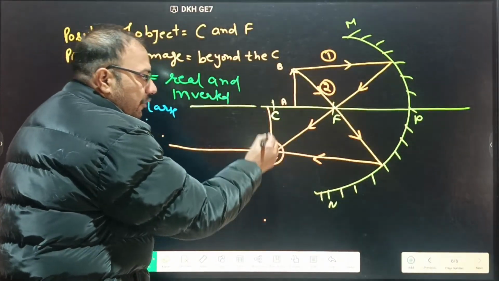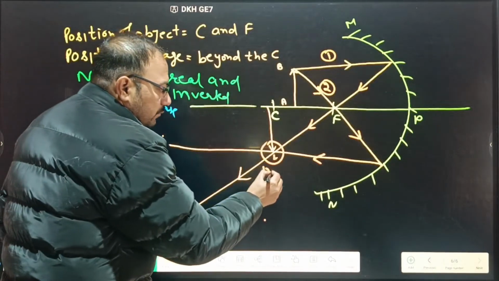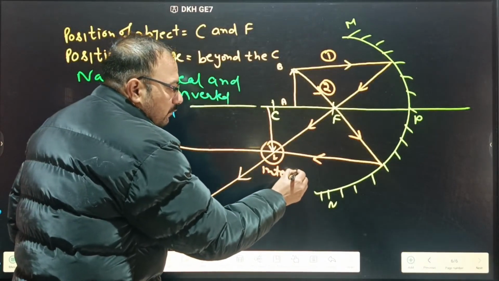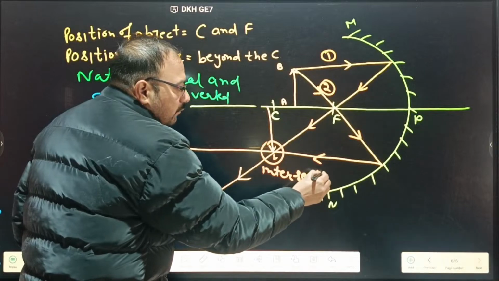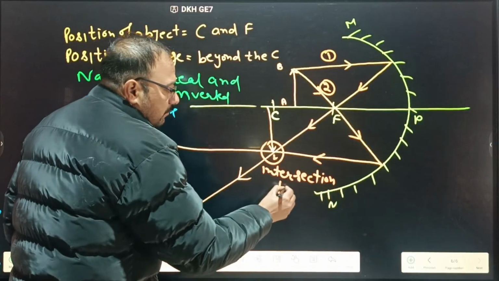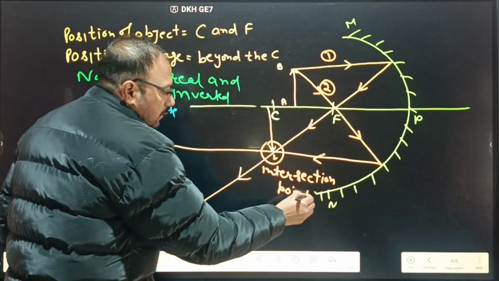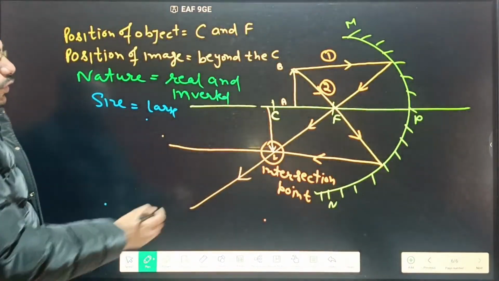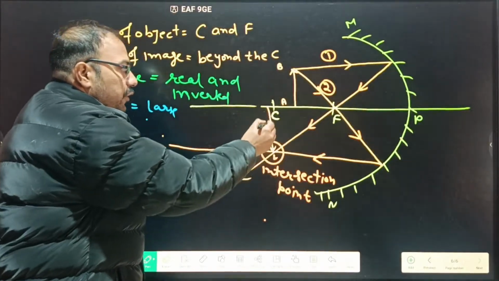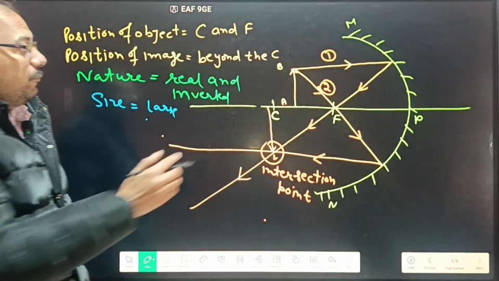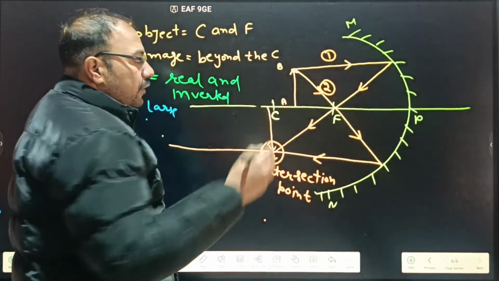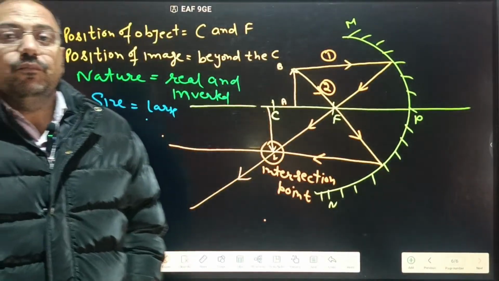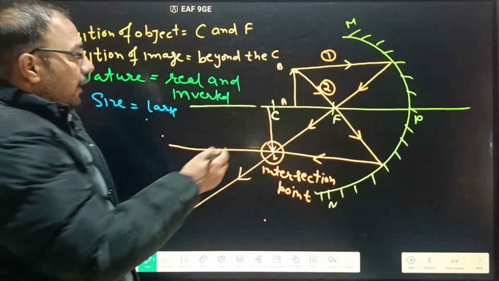So this is an intersection point. So image forms here. So where does image form? That is beyond the C.